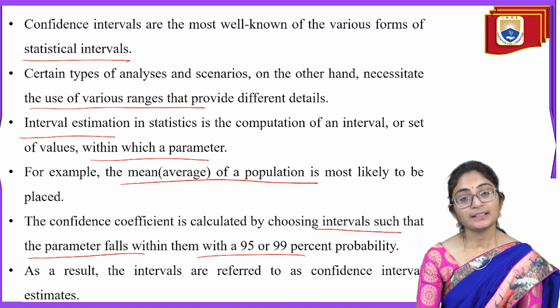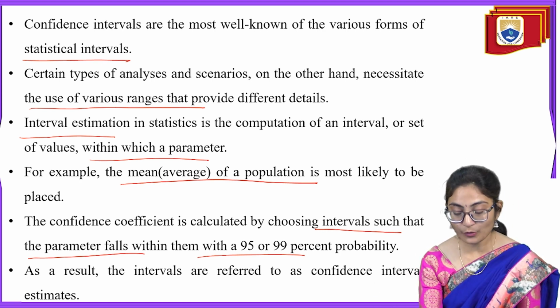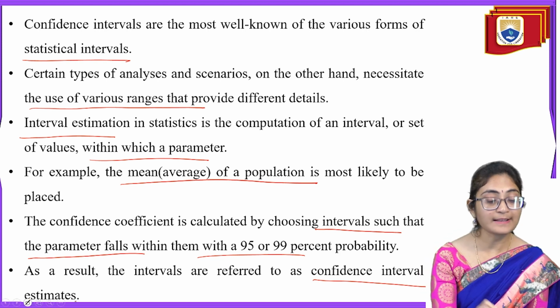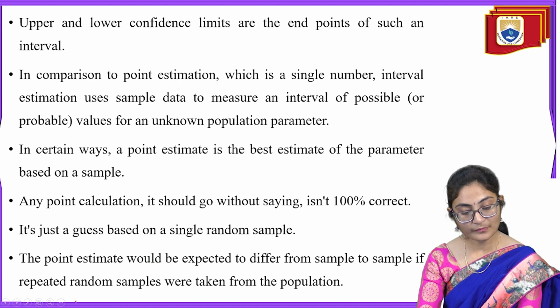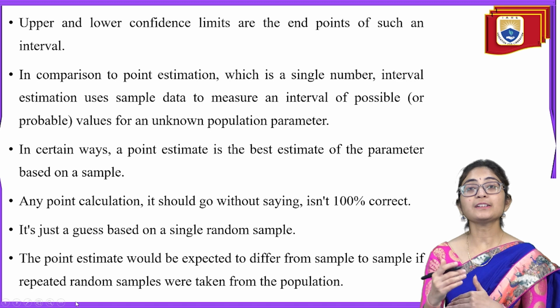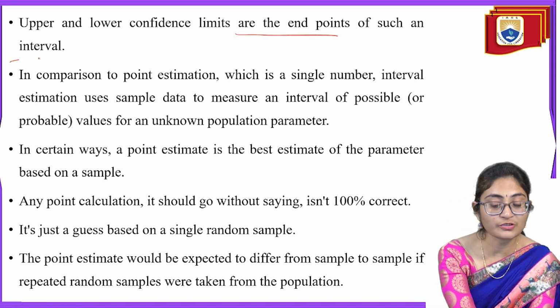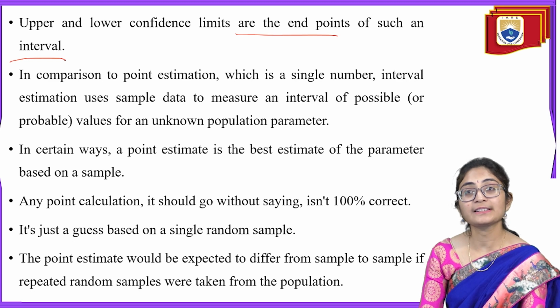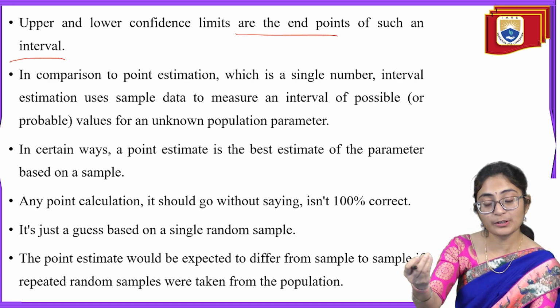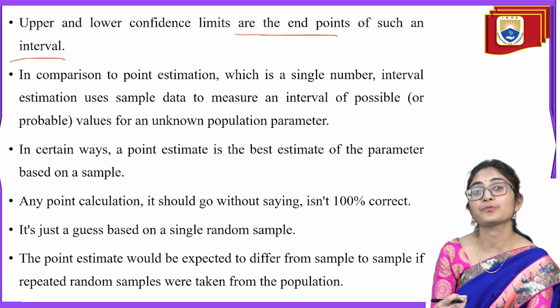As a result, the intervals are referred to as confidence interval estimates. So upper and lower confidence limits are the end points of such an interval. So definitely an interval has an upper confidence limit and a lower confidence limit.